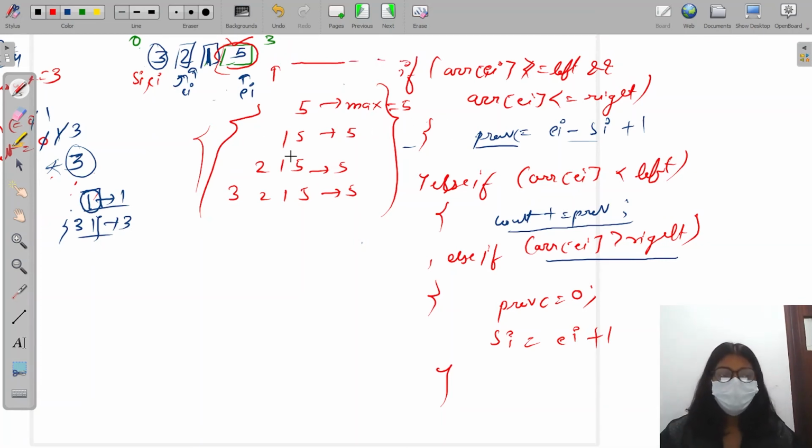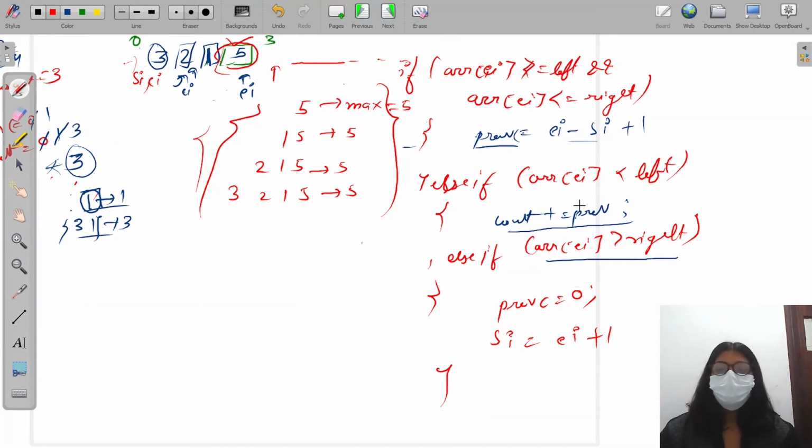So I hope I was able to make it clear to you guys. So here we will be starting from the start of my array and checking every element. If it lies in range, then we have to calculate all the subarrays that are ending at that point.